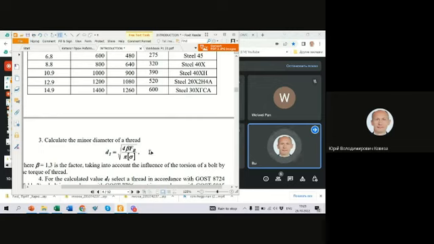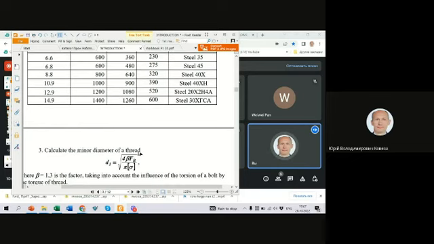It is calculated, and it's a third part of the force. It is the part which creates torsional load for the bolt during the tightening. So beta is 1.3. Fb we know, pi, sigma additional allowable.